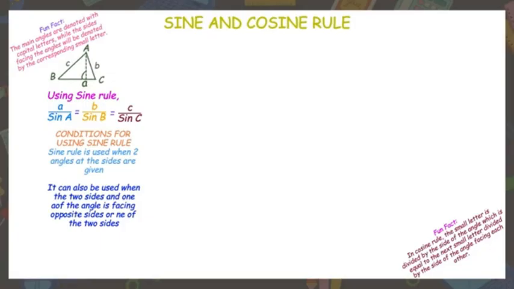Sine rule can also be used when two sides are given and one angle is given that faces the opposite side of one of the two sides.